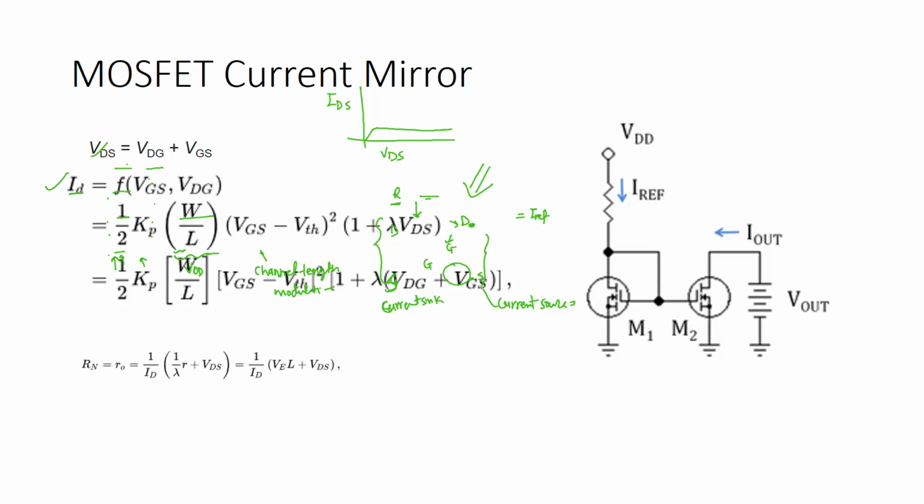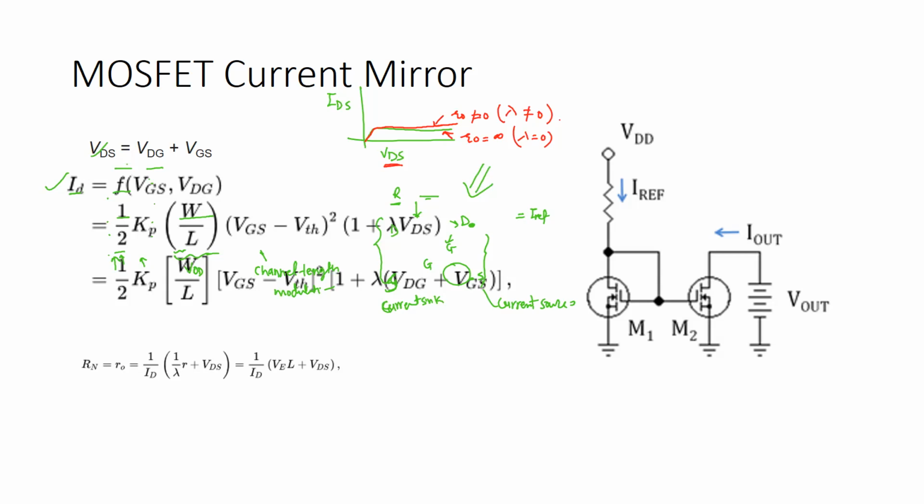However, in a practical situation, your current is increasing slightly with increase in the VDS. And therefore, for this green curve, your output resistance is infinity, and for the red curve output resistance is not infinity. So here lambda is equal to 0, here lambda is not equal to 0.